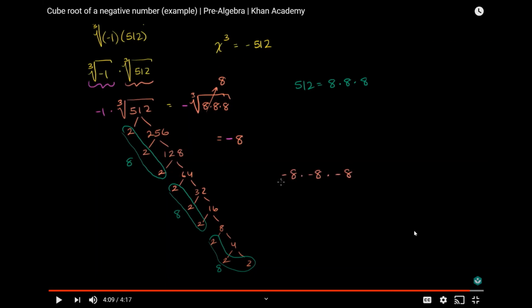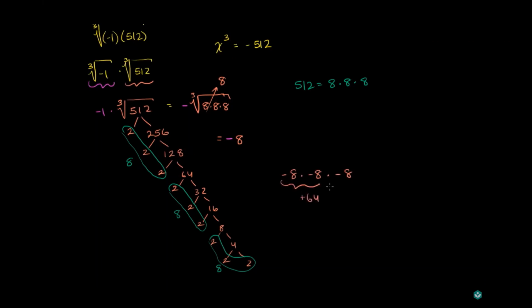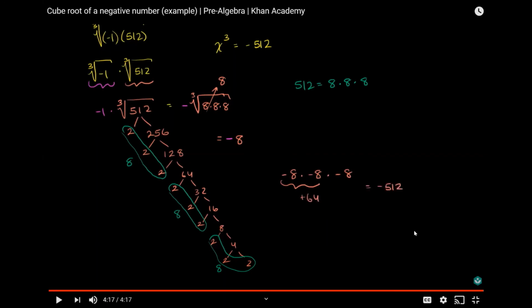So watch. Negative 8 times negative 8 is positive 64. You multiply that times negative 8, you get negative 512. See? I told you, a negative number times a negative number gets you a positive answer. But when you do a positive answer times a negative number, it gets you a negative answer.